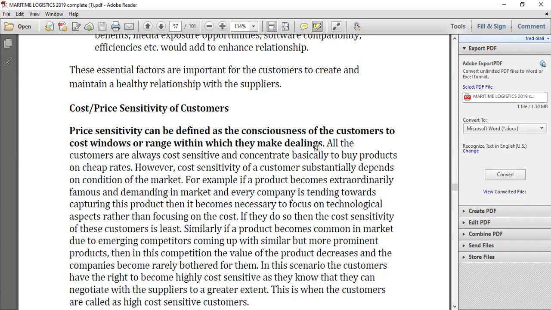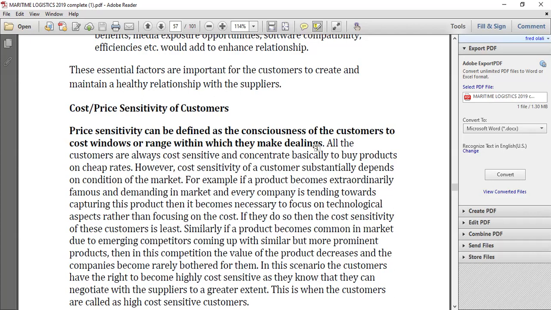All customers are always cost sensitive and concentrate basically on buying products at cheap rates. However, the cost sensitivity of our customers substantially depends on conditions of the market.